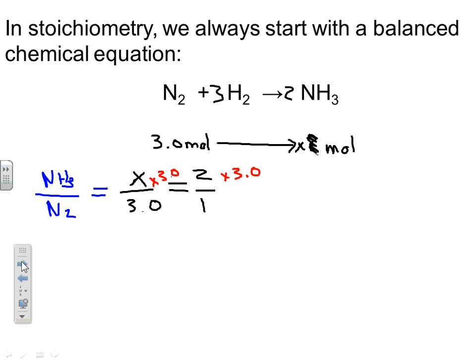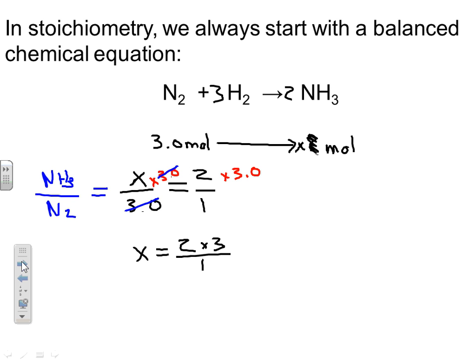Now, I'm going to show you a little shortcut to this in a minute. What that does is it cancels out the 3. That leaves us with X, and then I've got 2 times 3 divided by 1.